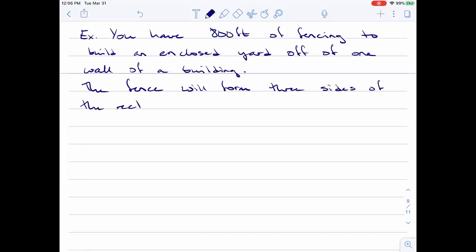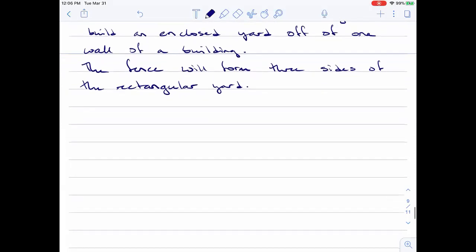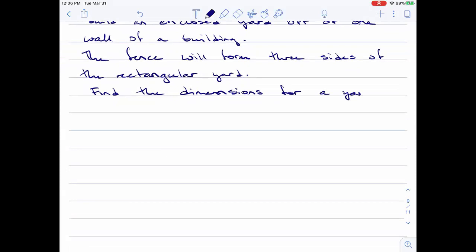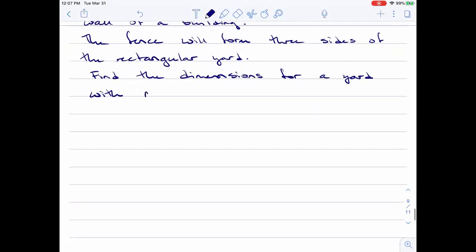Find the dimensions for a yard with maximum area.